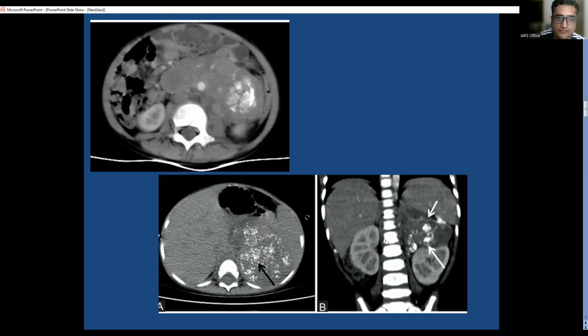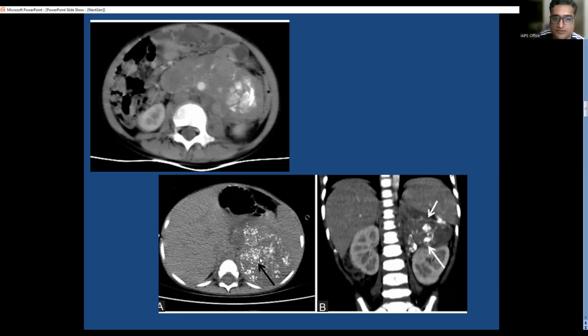Second one. The axial section of CT abdomen showing a mass on the left side with calcification. So this is basically to show the types of calcification, types of calcifications only in neuroblastoma.